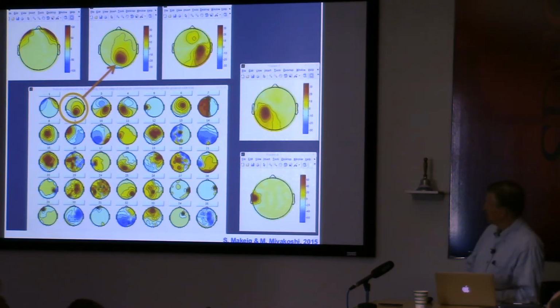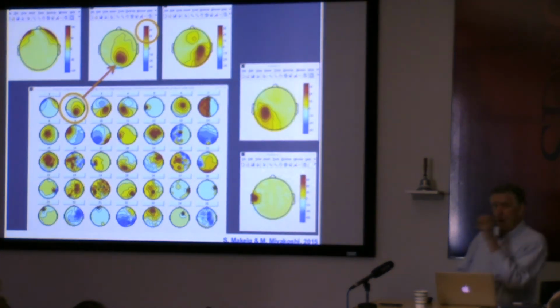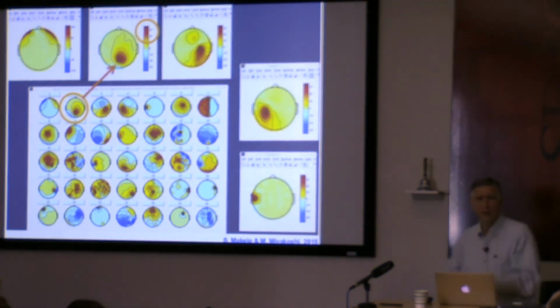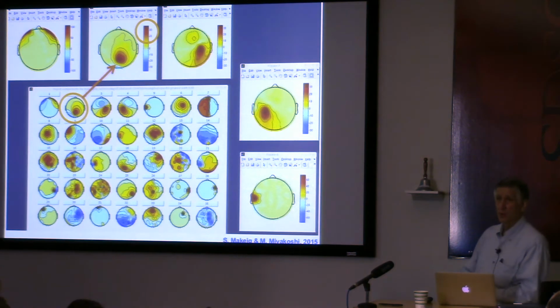You see the maximal projection is to that right parietal scalp channel, but it only accounts for 30% of its variance. Even though it looks like that component process is aimed right there, 70% of that channel's variance comes from other places.